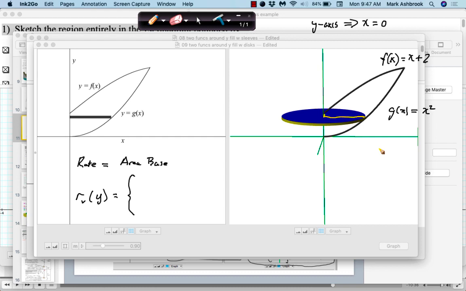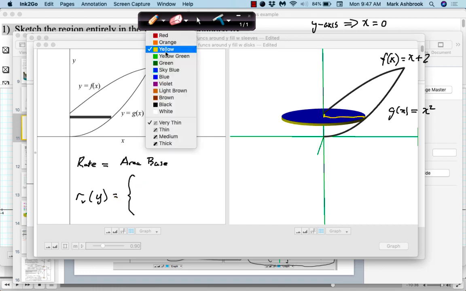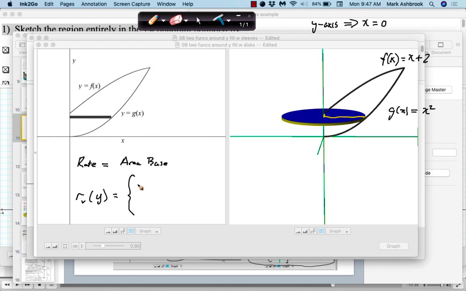X coordinate. Distance from the y-axis to a function is just the x coordinate, right? So it's just x. Our rate will be pi x squared. Pi times radius squared, which is pi times x squared. But our function is in terms of what? Y. So that's the same as pi times.